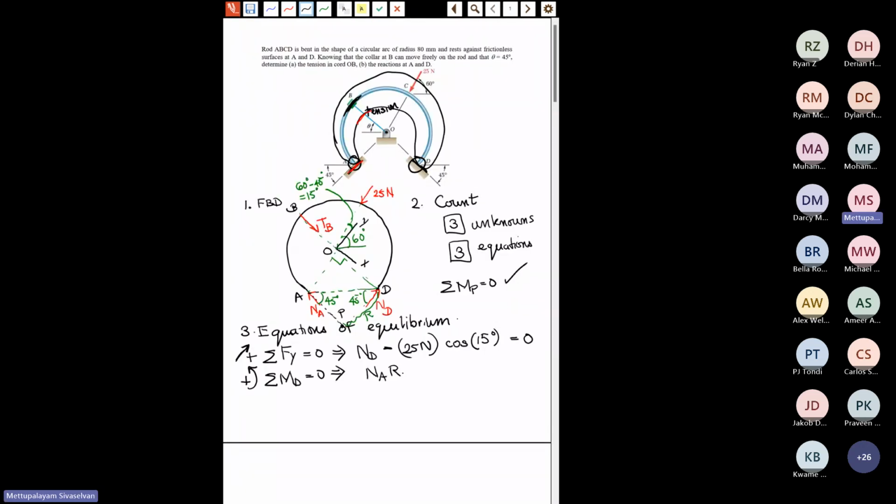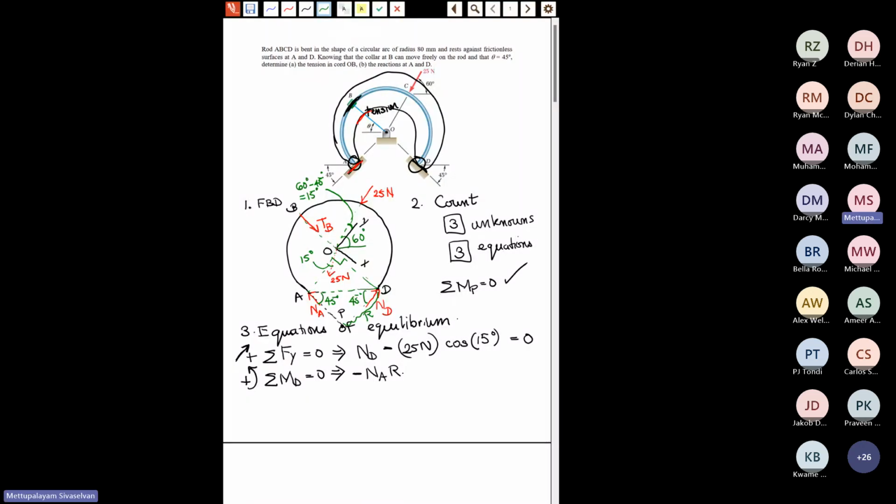and that rotation is clockwise, so I put a minus in front of it. Okay. The only other thing that's left is doing the moment of this 25 Newton force. So if I slide the 25 Newtons down to here, this angle again is 15 degrees. Okay.